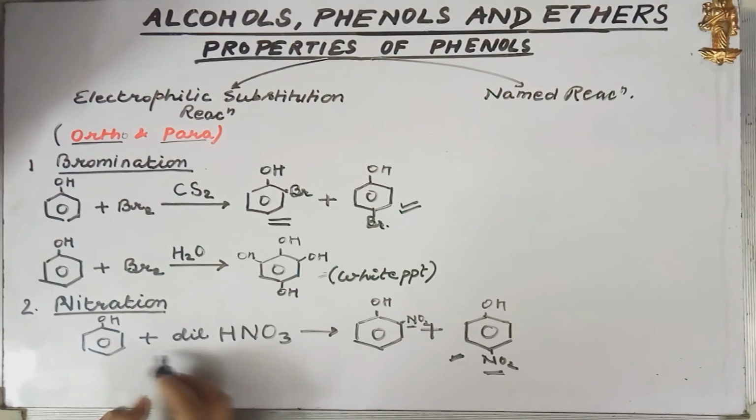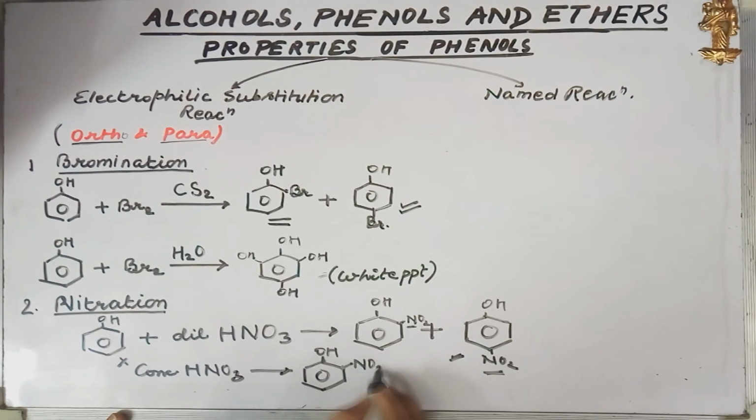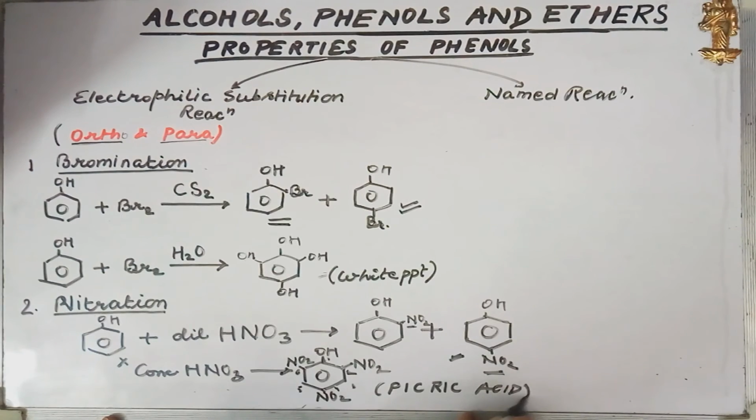On the other hand, if we do the same with concentrated HNO3, we will get the tri-substituted product, at positions 2, 4 and 6, that is 2,4,6-trinitrophenol, which is also known as picric acid.